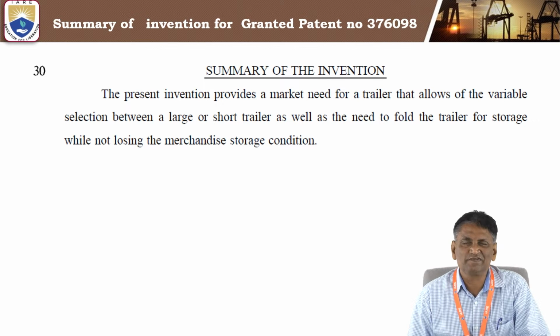Then there is a summary of invention. This is not a must, but people write it so that in a few words we will know about the complete invention. This is a very useful part of the patent drafting.